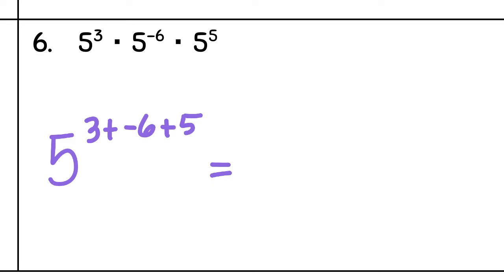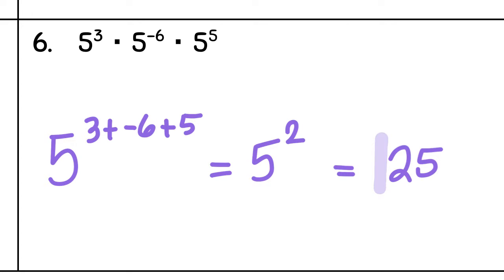If you add all those numbers up, that gives you 5 to the second power. Again, because this is a number, I know I can get a numerical value for this. So this turns into 25. My final answer here, once I simplify, is 25.